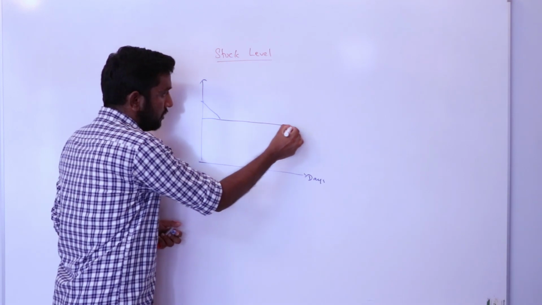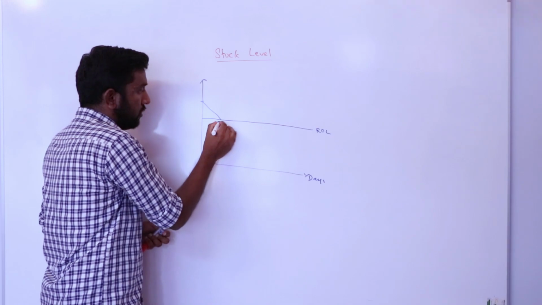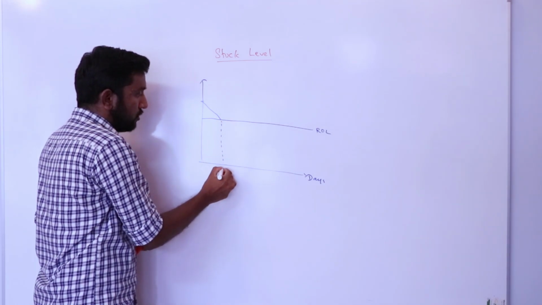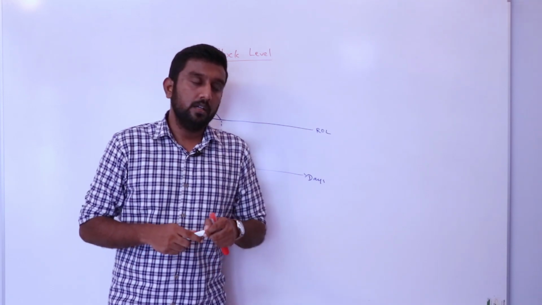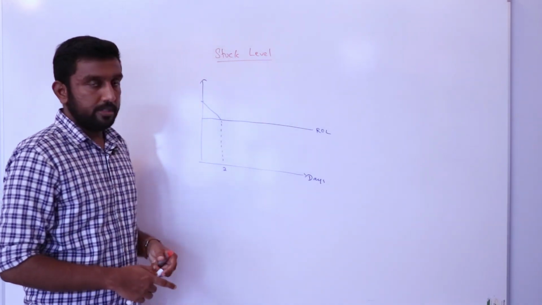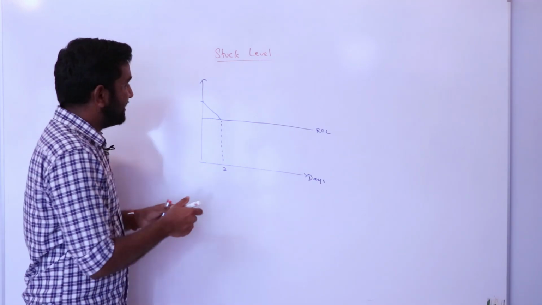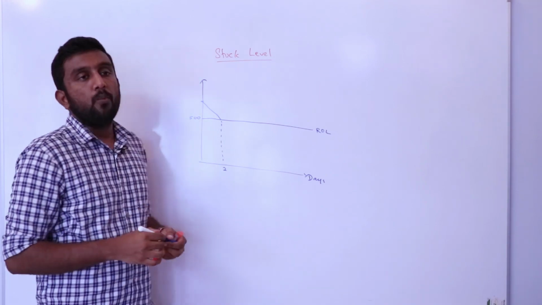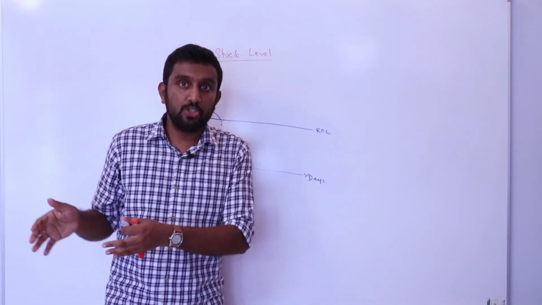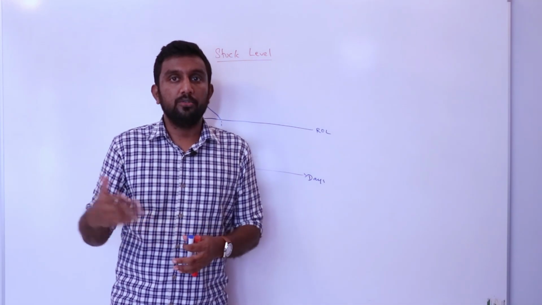That point is called the reorder level. Let's say this is day 2, the second day of the month. They make an order to receive the goods. Let's say I put this as 500 units. It means whenever they reach 500 units in store, they will call and make the new order to the supplier.